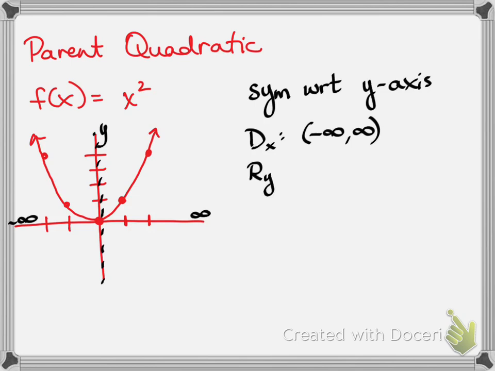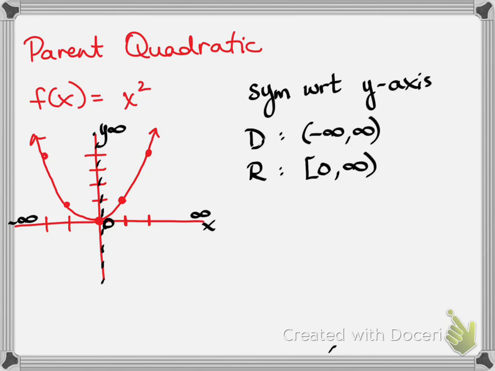So we could label for the y-axis, it's not going to get all the way down here to negative infinity. It doesn't even start having values until 0, but it does go all the way up to positive infinity. So the range is 0 to infinity. We really probably shouldn't put this x and this y. I was just kind of trying to talk about domain being x, range being y.